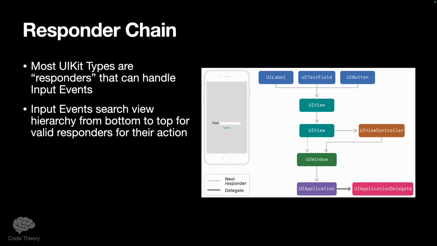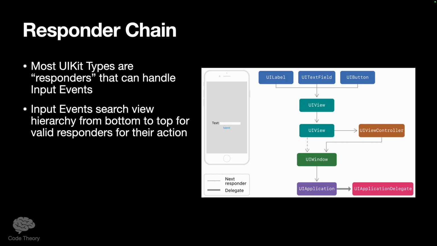But if you used some custom subclass you created called UIPinchMeButton that adds a gesture recognizer for pinch events, then the pinch event would get caught on your custom button, it would recognize it, you could do something with it, and it consumes the event.